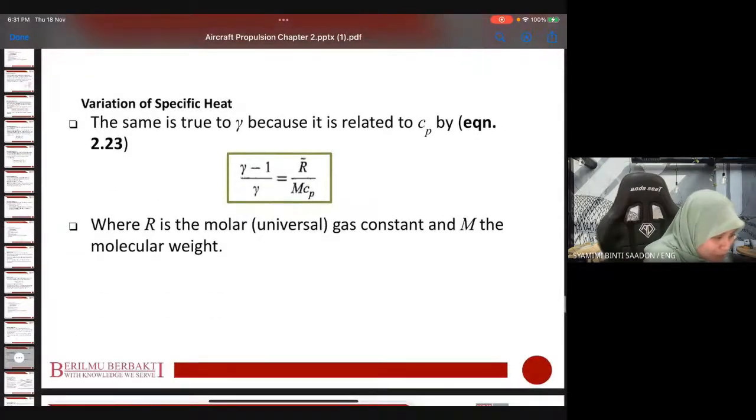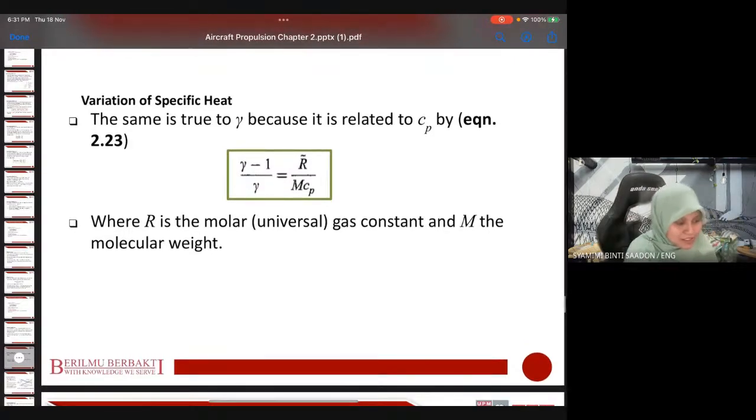The same is true for gamma, and R, the gas constant. Gamma also changes. It is usually 1.4 for air, but after the combustion process, the air is mixed with the fuel, and the combination of air and fuel normally has a specific heat ratio of around 1.33.